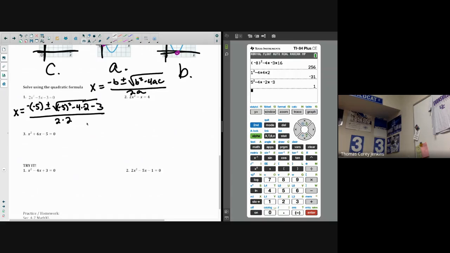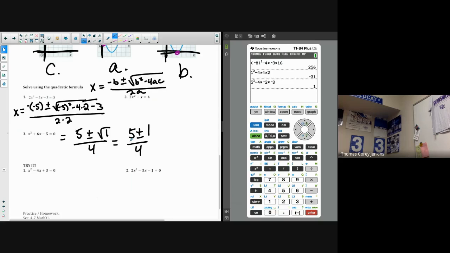So now we're starting to simplify. Negative of negative 5 is 5, plus or minus the square root of 1, all over 4. So simplify that as much as you can. The square root of 1 is 1. Okay, and then we need to simplify to get both solutions, right?